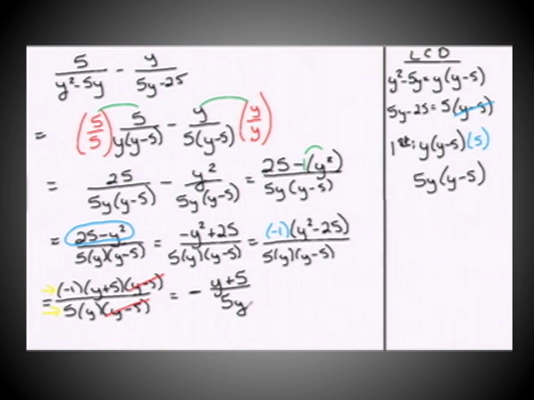Now it may be very tempting to come back and divide these y's out. You cannot do that. That is not correct because the y in the numerator is a term. And when you are dividing those factors out, you only divide factors, never divide terms. So that's your final answer, negative y plus 5 over 5y.